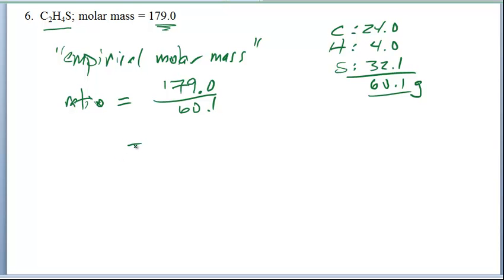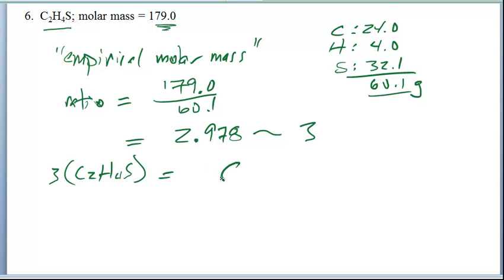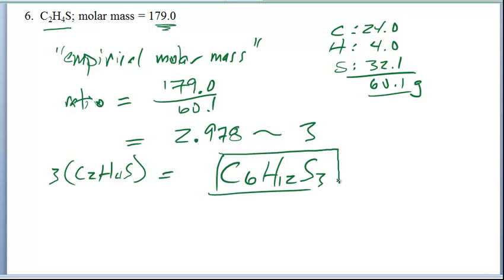And when we do the math, I get 2.97, which is pretty darn close to 3. So what we need to do is multiply the empirical formula by the factor 3, and when we do so, we get C6H12S3. There you go, and that is the molecular formula given these data, empirical formula and molar mass.